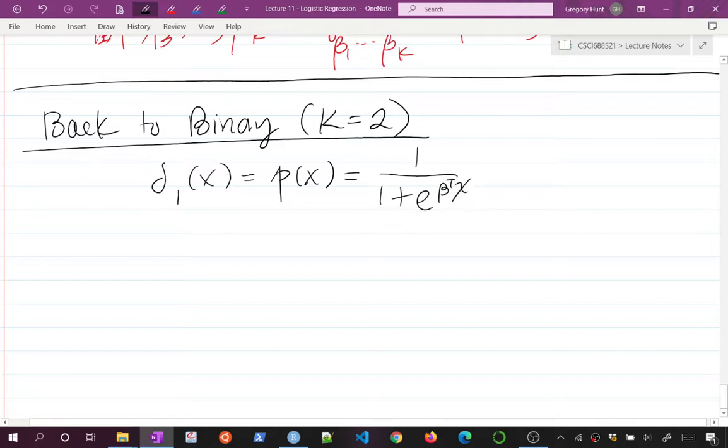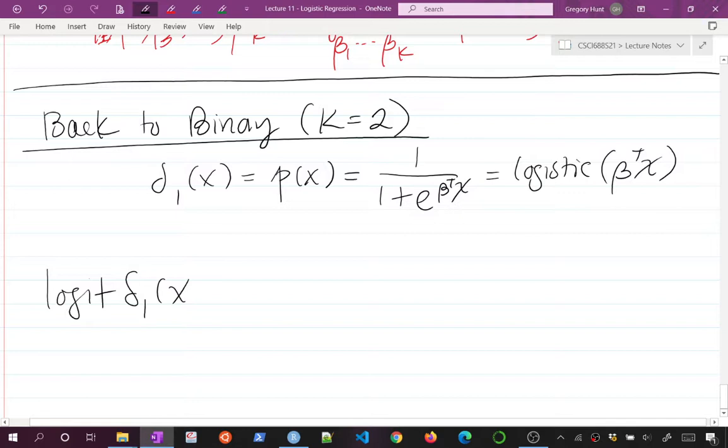And this is the so-called logistic function. And we said the logistic function had an inverse. So this is logistic of beta transpose x. What if we look at the inverse of the logistic function?